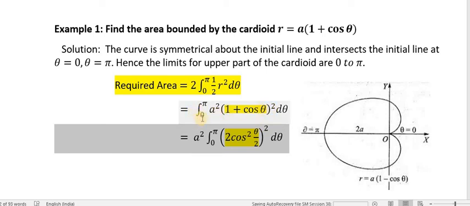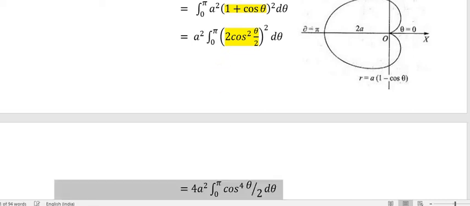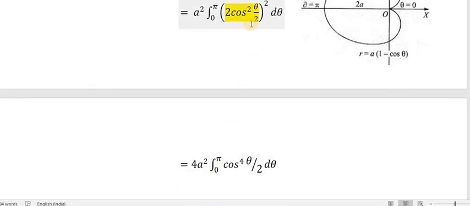So, the integral 0 to pi a square into 1 plus cos theta whole square d theta is written as a square integral 0 to pi 2 cos square theta by 2 whole square d theta. Now, by squaring this, we get 4a square, because 2 square is equal to 4. So 4a square integral 0 to pi cos to the power of 4 theta by 2 d theta.